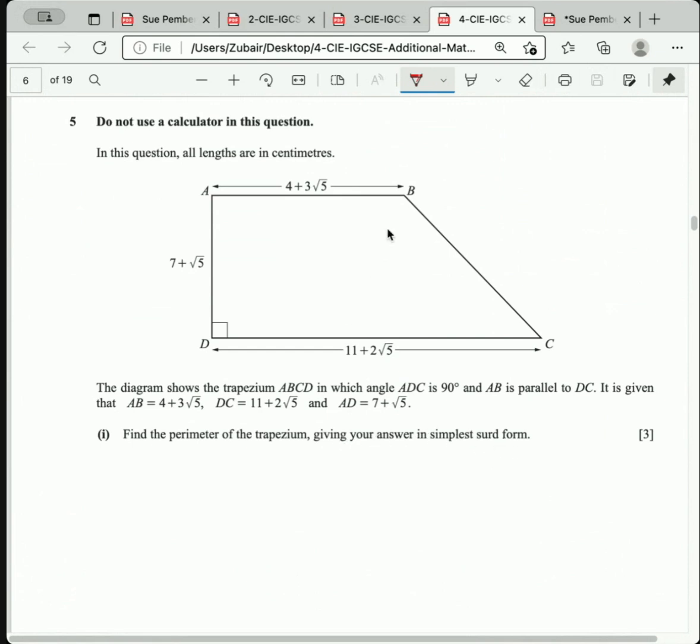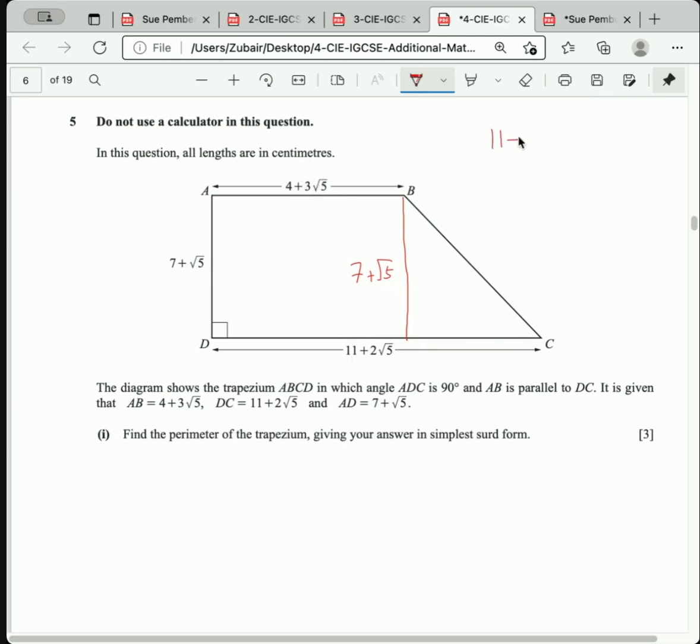Okay. For the perimeter, I also need the length BC. So I'll be applying Pythagoras theorem to get BC first and then we'll go for perimeter. So basically this is 7 plus root 5 and this length should be the difference of these two.